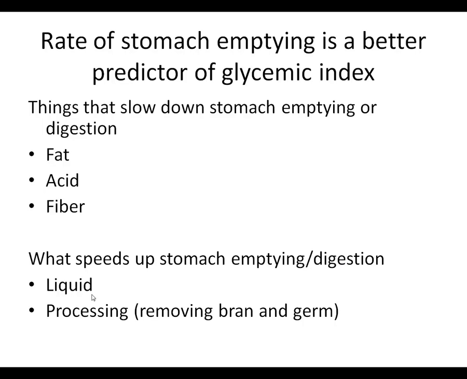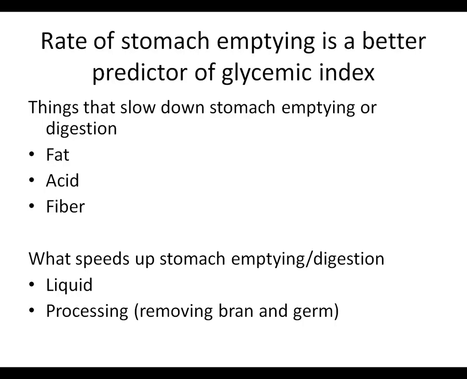Two things. If the food is in a liquid form, juices, sodas, it speeds through the stomach more quickly than if it's in solid form, like solid fruit, which also has fiber. Also, anything that grinds up or pulverizes the food tends to speed it up.